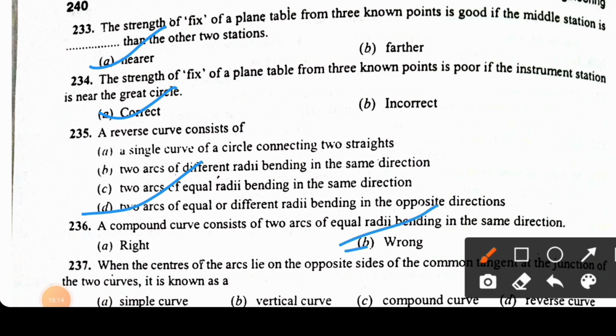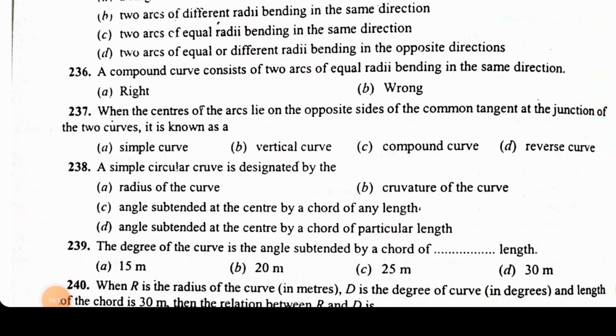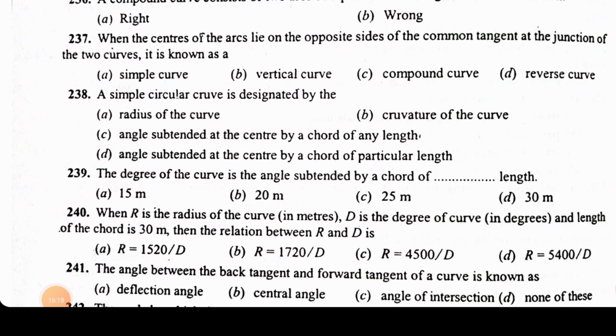Correct answer B. When the centers of the arcs lie on the opposite sides of the common tangent at the junction of the two curves, it is known as a reverse curve.